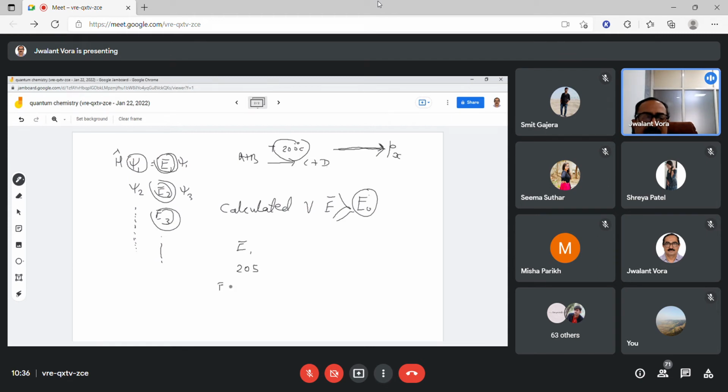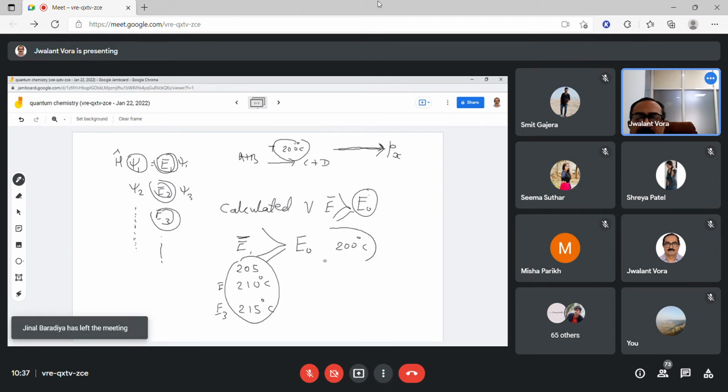E2 will say it is 210 degrees centigrade. E3 will say it is 215 degrees centigrade. So all these E bar values, they will be always greater than or equal to the true value of the system, 200 degrees centigrade. So this particular principle is known as variation principle.